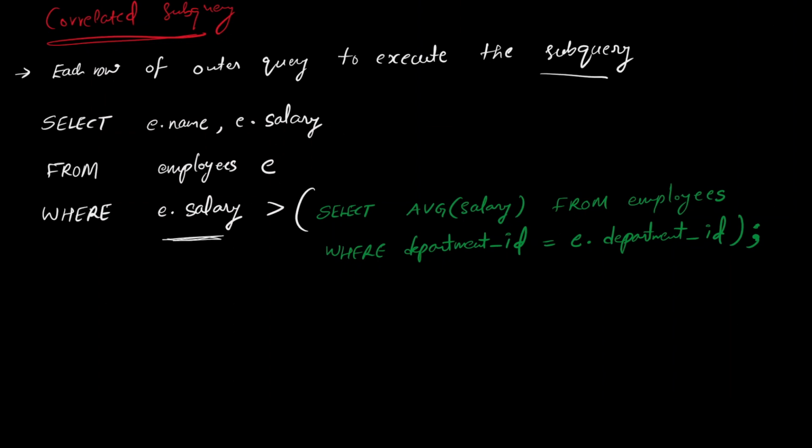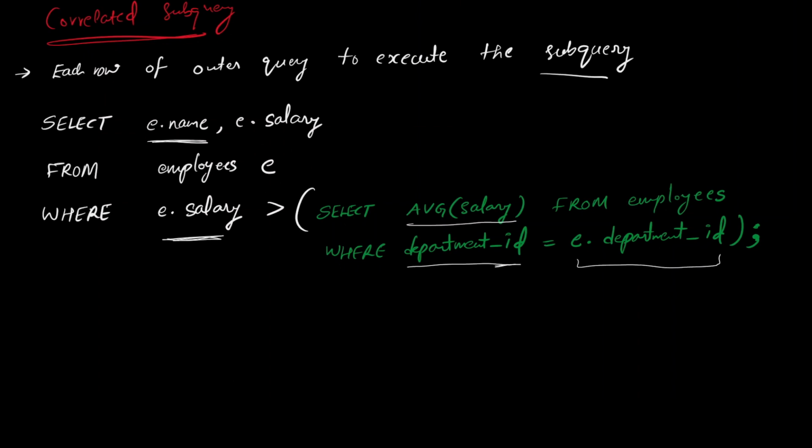We are comparing the salary of each employee with the average salary of their own department. Inside this subquery, we are getting the average salary from employees where the department ID is equal to the department ID of the current employee that we are trying to compare the salary for. So in this case, the department ID is filtered with the current department ID.